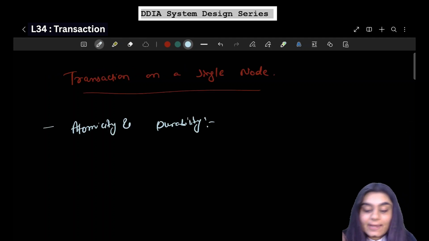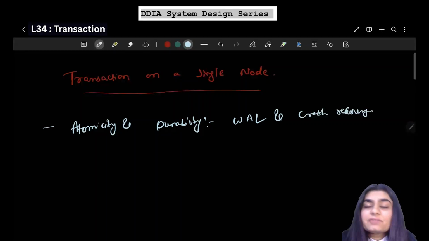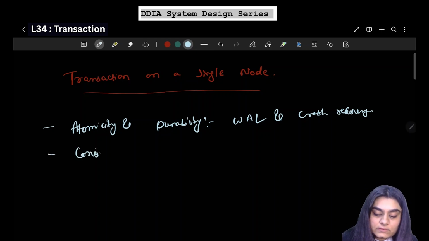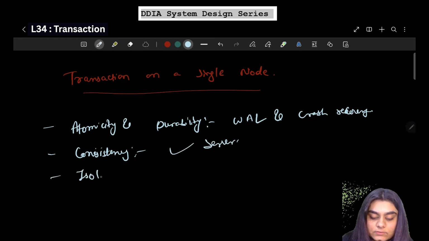We are ensuring atomicity and durability by write-ahead logs and crash recovery. If a server crashes, on restart it will use the log to restore its consistent state. Second is consistency. We can achieve consistency via enforcement of constraints at commit time. All checks are done within the server. Another one is isolation.